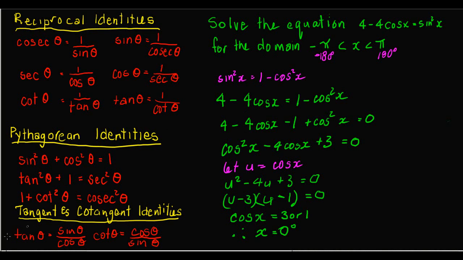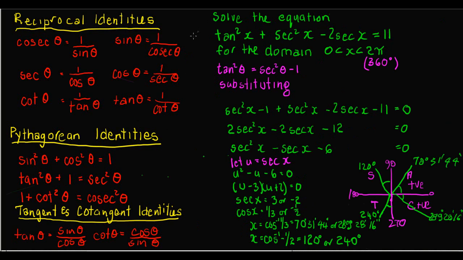Relatively simple, really. So let's have a look at another one now. It's this one here: solve the equation tan squared x plus sec squared x minus 2 sec x equals 11 for the domain 0 to 2 pi. 2 pi is 360 degrees. In this, we're going to use the identity tan squared theta equals sec squared theta minus 1, which is from over here.